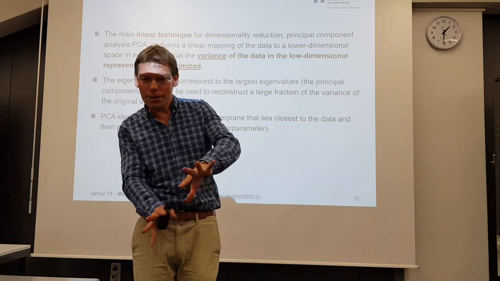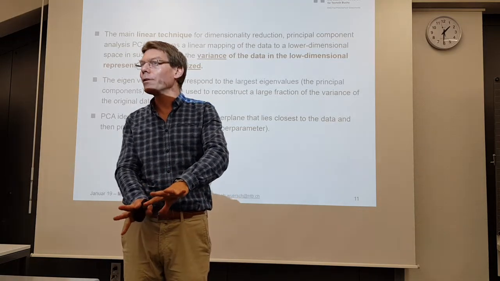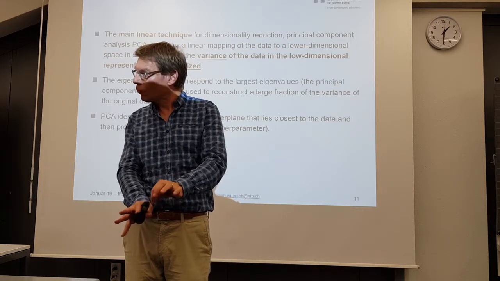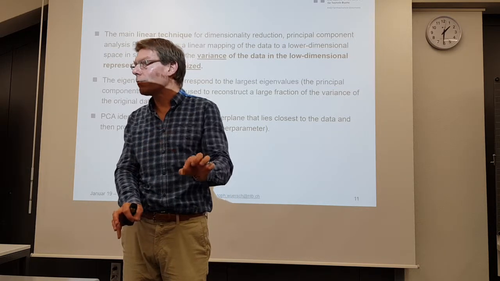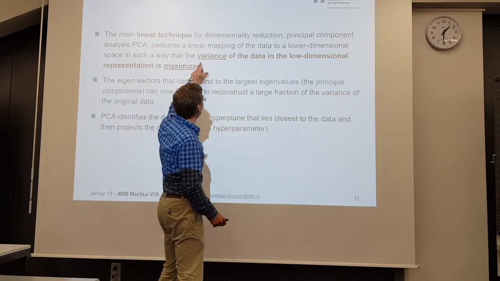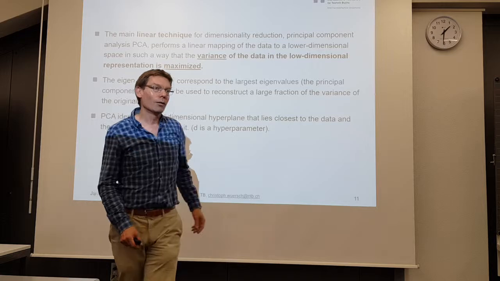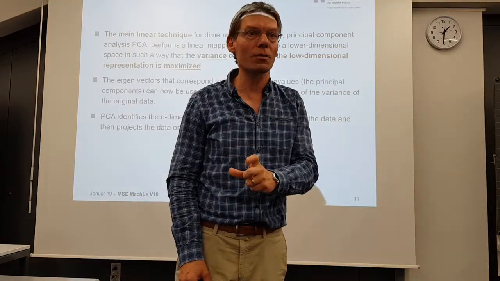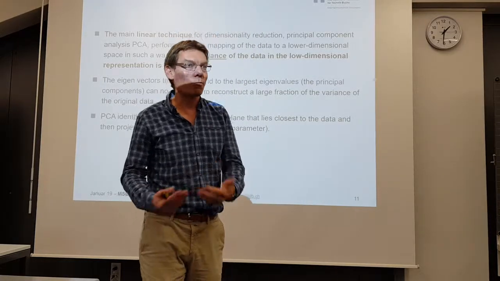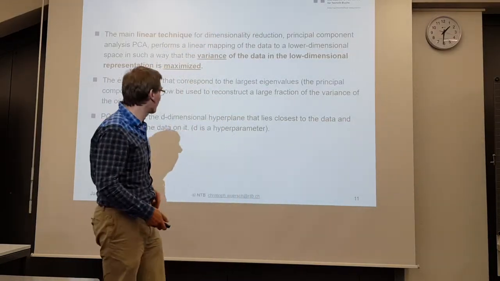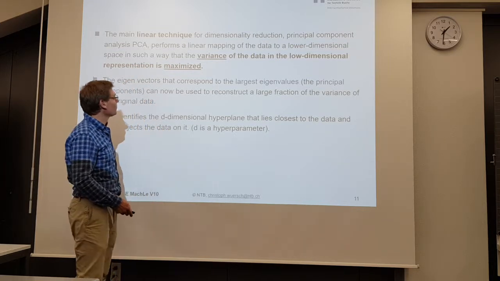So I want to find the best matching hyperplane in these lower dimensions, which best represents any data point. It seems two different things, but I will show that it's the same thing. Once you look at the biggest eigenvalues, or once you look at the lowest ones, it's just the same thing.